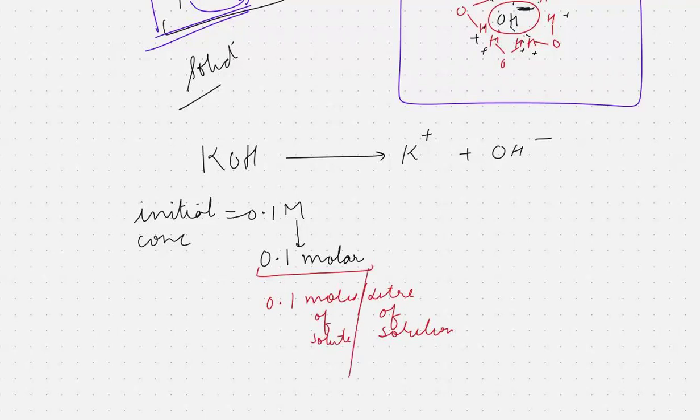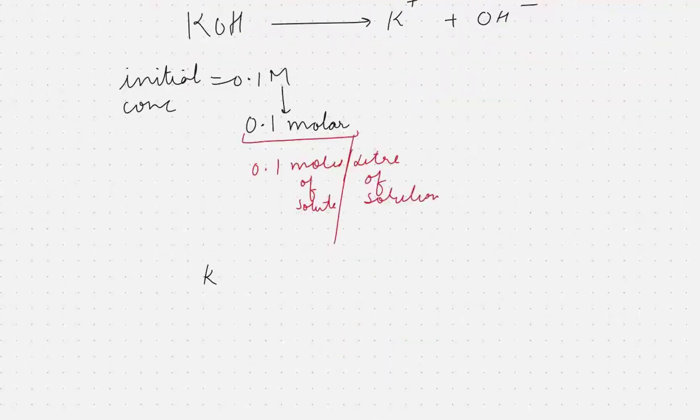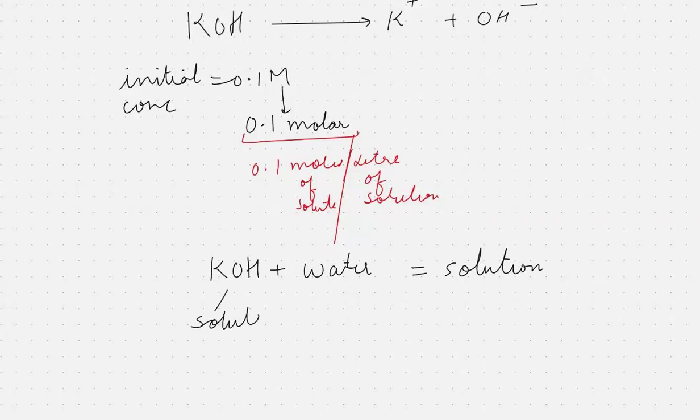So when I make a solution of KOH, what does that mean? KOH plus water is my solution. Obviously, KOH is going to be my solute, and water is going to be my solvent.